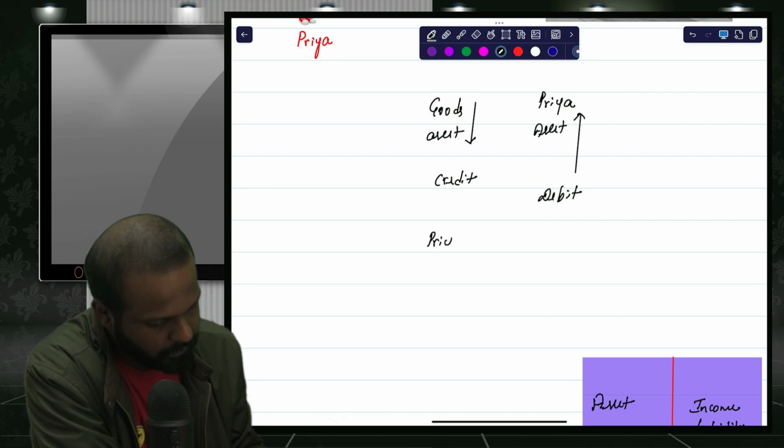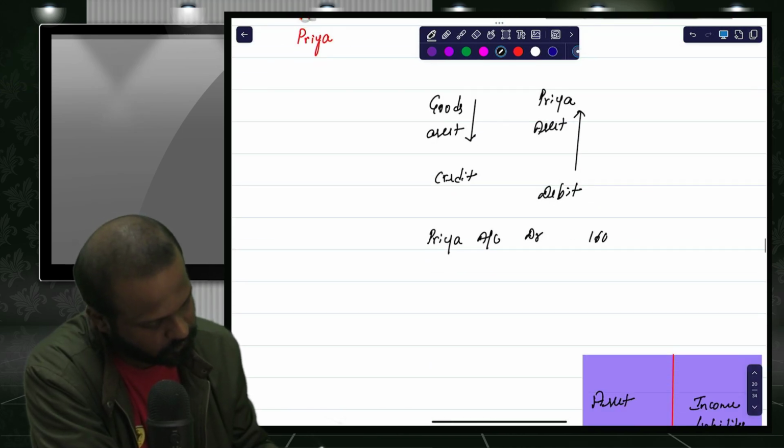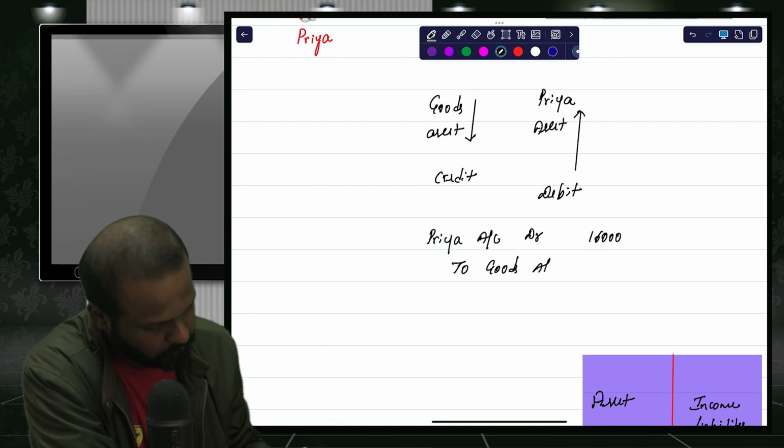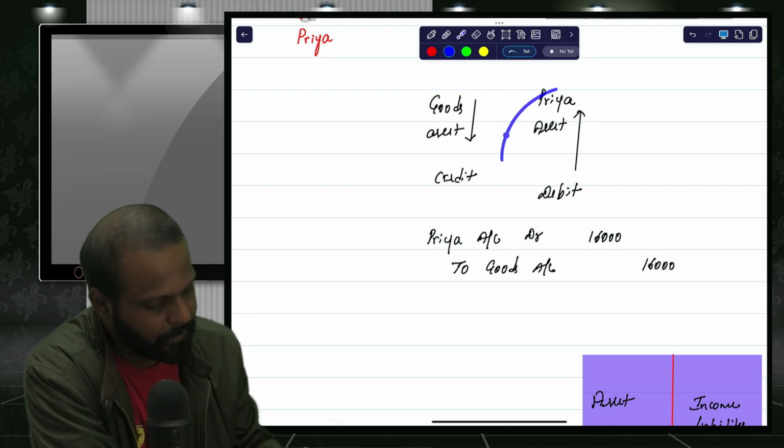So Priya account debit, 16,000, to goods account, 16,000.